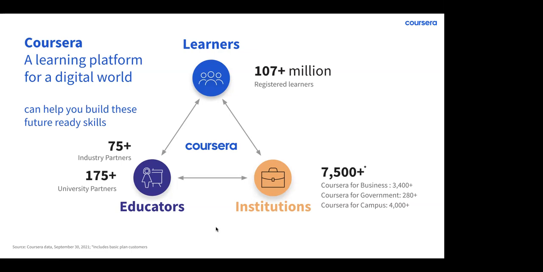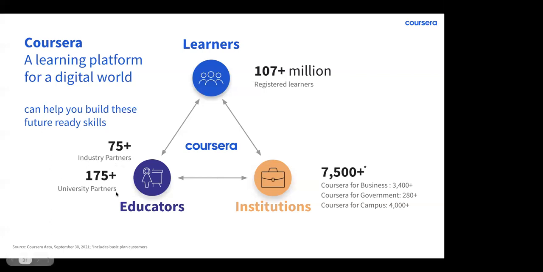So when I say educators, that means Coursera has partnered with 175 universities in the world, and these are all the top universities of the world, such as University of Michigan, Yale University, INSEAD, and many other popular Ivy League colleges and B schools. And the professors of these colleges are creating the courses on Coursera to teach the students globally.